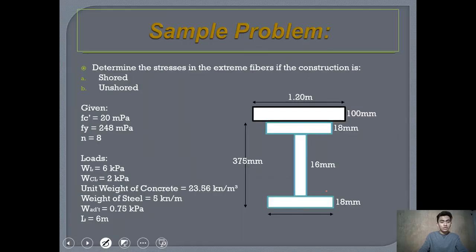All right. So I have here a sample problem wherein it is asking us to determine now the stresses in the extreme fibers if the construction is letter A, shored, and then letter B, unshored. So take a good look at the diagram.